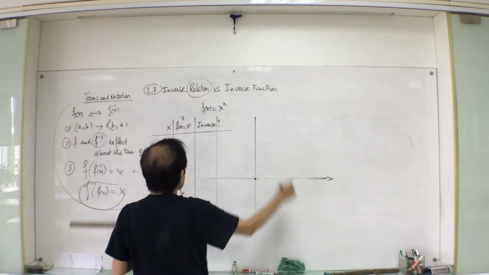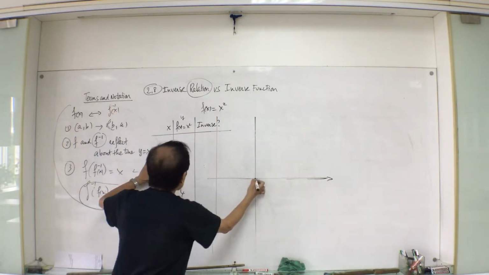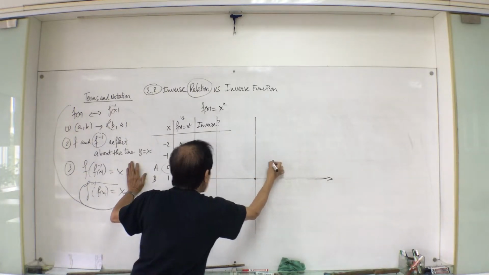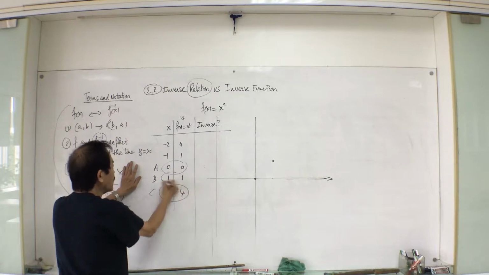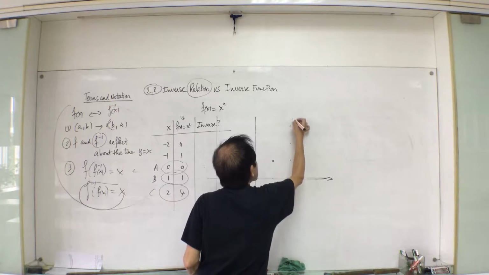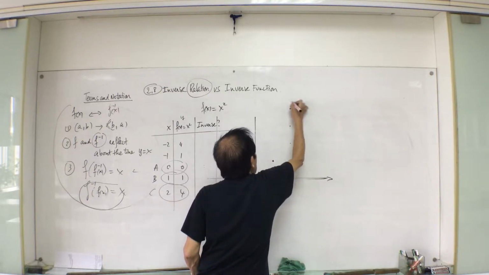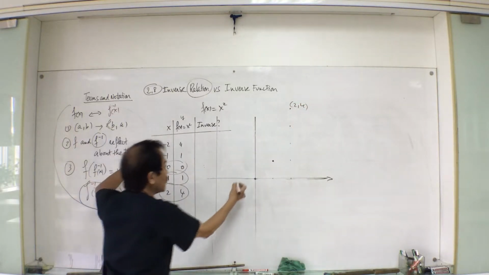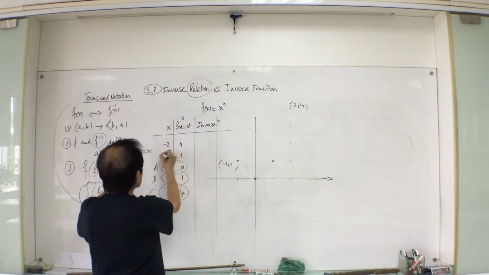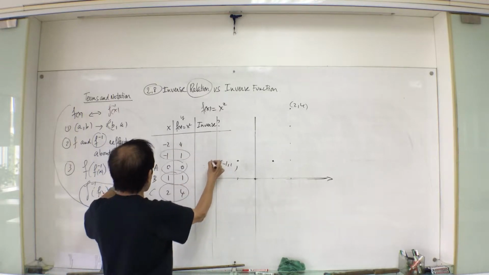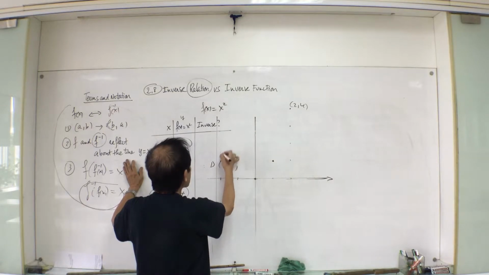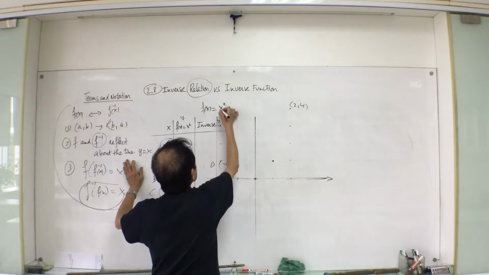So now I plot 0, 0, let's say point A, point B, 1 and 1, point C, 2 and 4, and you have minus 1 and 1, so 0 on x, 0 on y, and 4, point D, and finally minus 2 and 4.